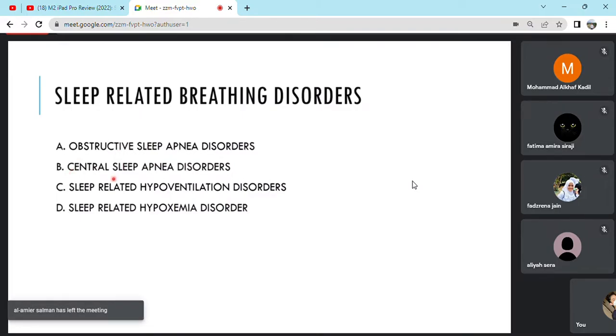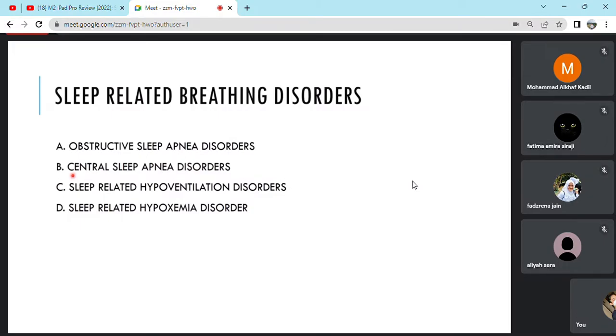When you talk about central sleep apnea disorders, this, on the other hand, is again one of the sleep-related breathing disorders, which affects the central control. I mean, it affects the rhythmic control of your breathing, which is seen in your brain.